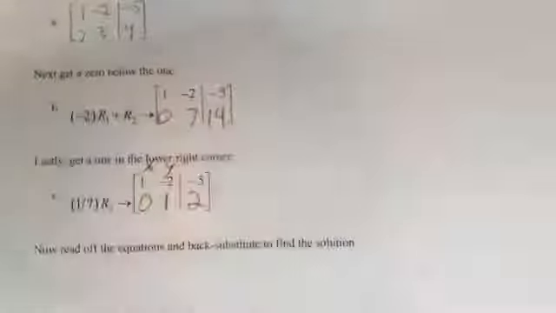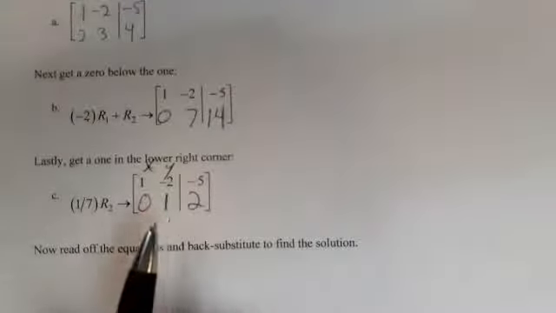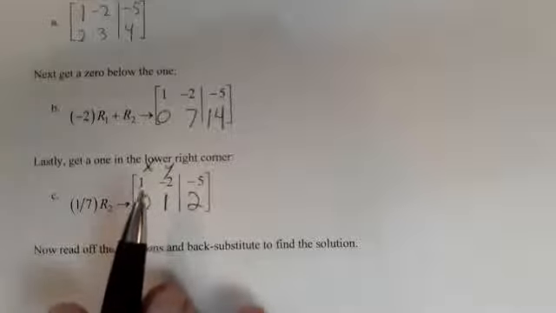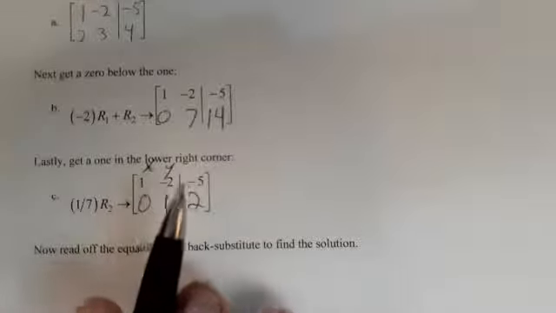Now we want to read this thing off. So going back, these were my x's, these were my y's, right? They were the same throughout the whole thing. Hope I don't have to write it throughout the whole thing. So this first thing is telling me x minus 2y equals minus 5.